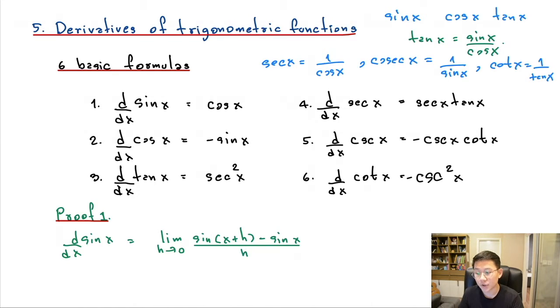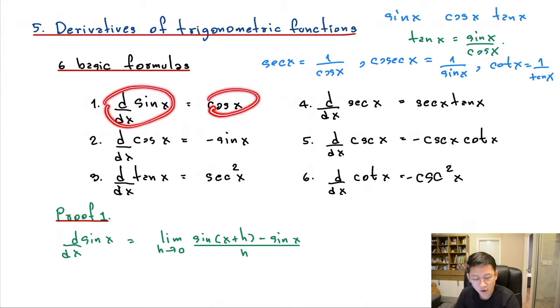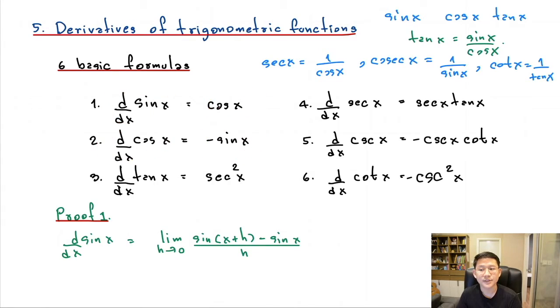D sine is cos, d cos is minus sine. Don't forget, guys, it's not that d cos is sine. No, d sine is cos, but d cos is minus sine.